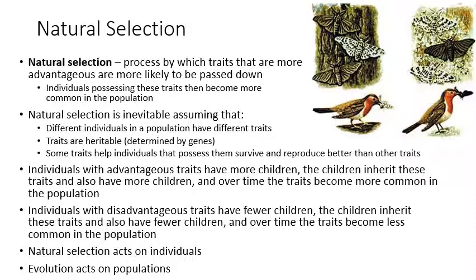So natural selection is the main process that drives evolution. So we will define what that is and go into that a bit. Natural selection is this process in which traits that are advantageous are more likely to be passed down to offspring than traits that are not advantageous or traits that are disadvantageous.